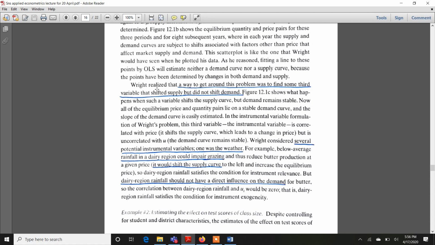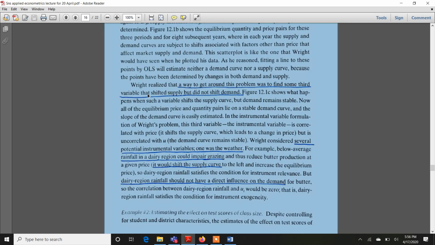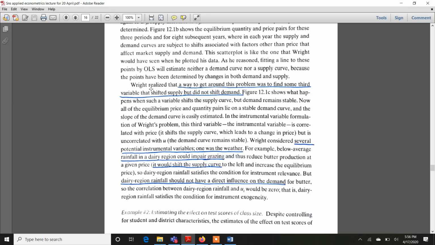Mr. Wright realized that there is a way to get around this problem: to find some third variable that shifted supply but did not shift demand. There could be different instrumental variables. For example, one could be weather.